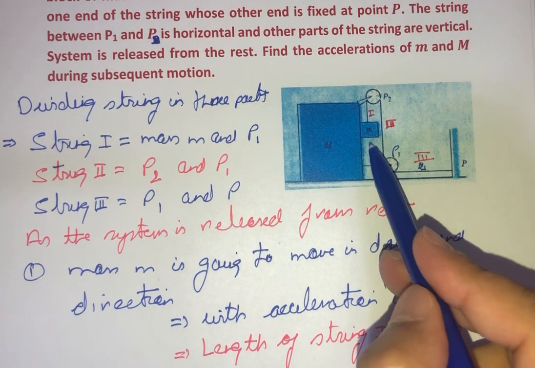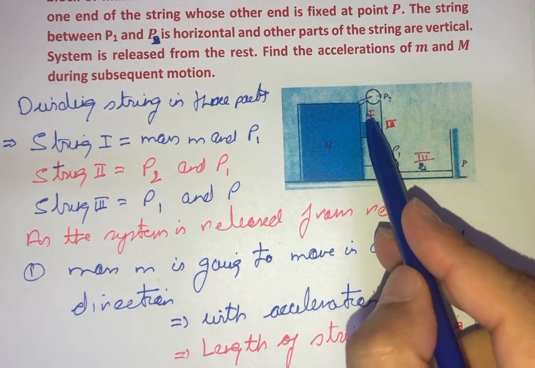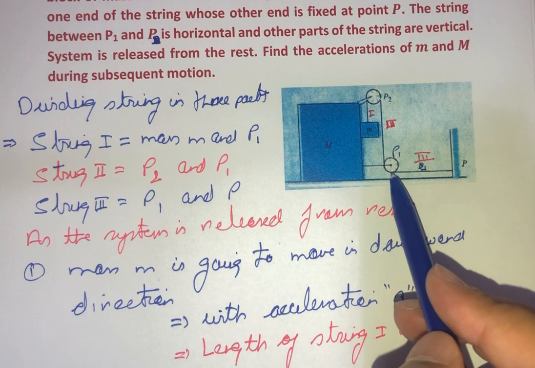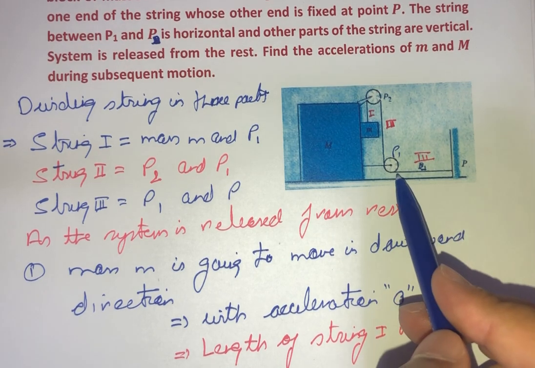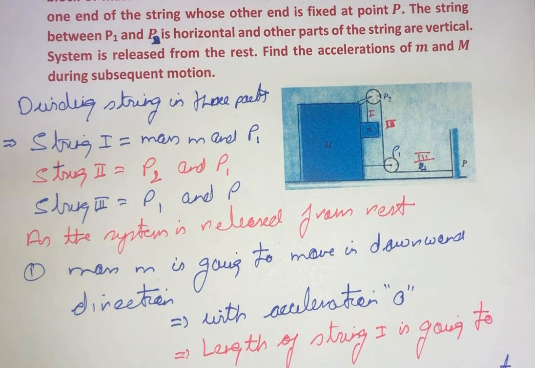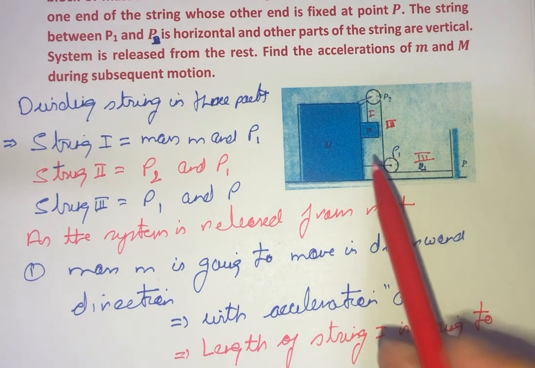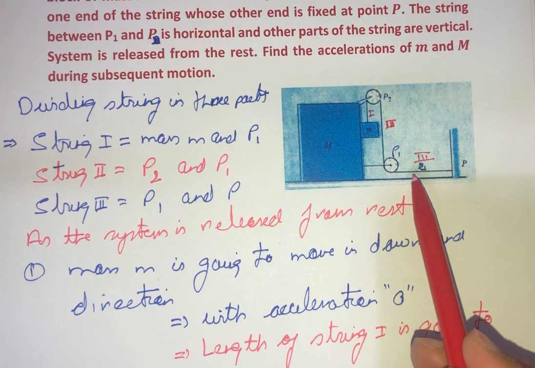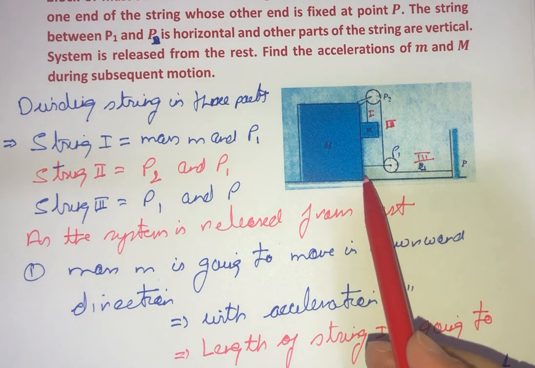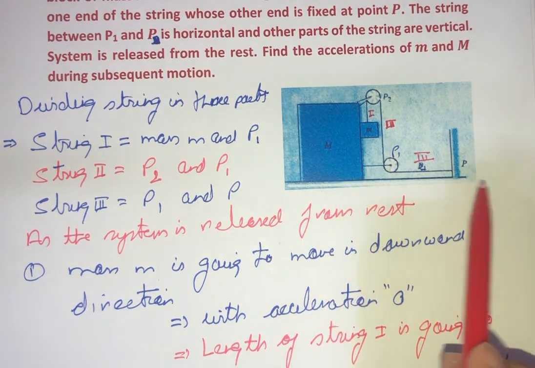The mass moves downward so this length increases, and because of this pulley, the length of the string 3 is going to decrease.